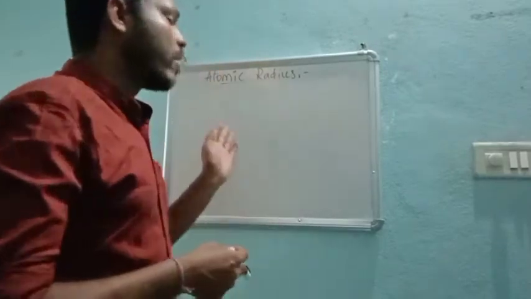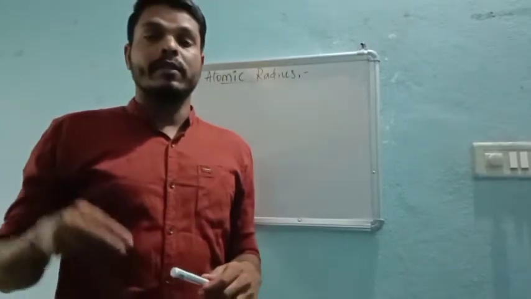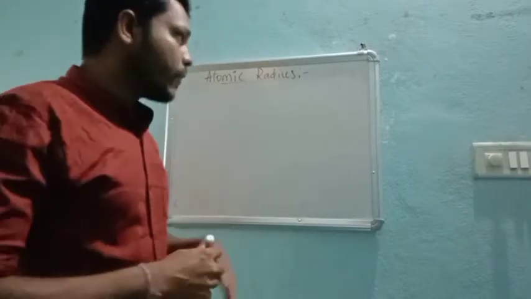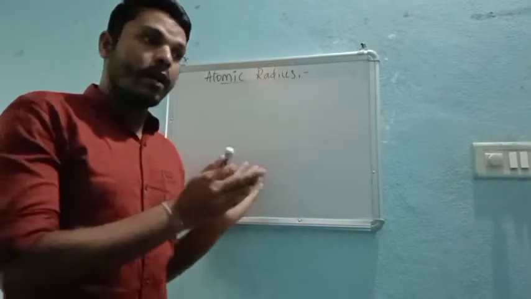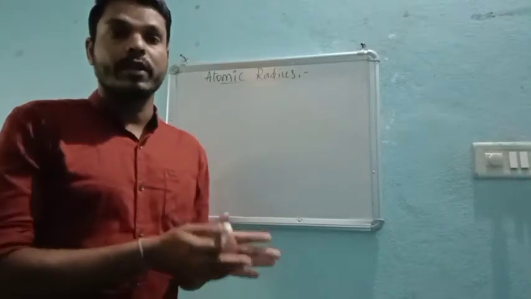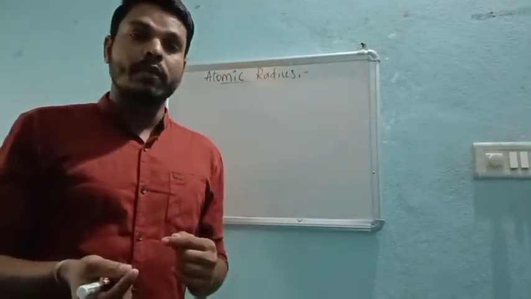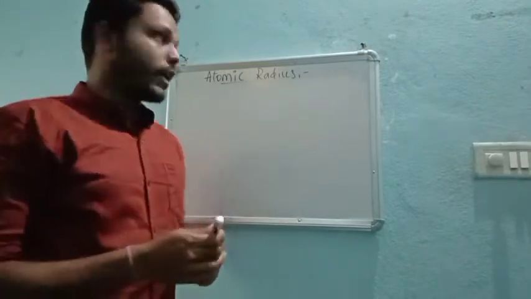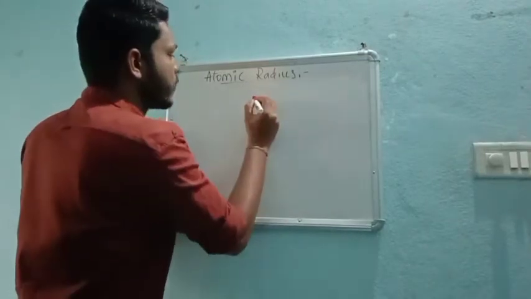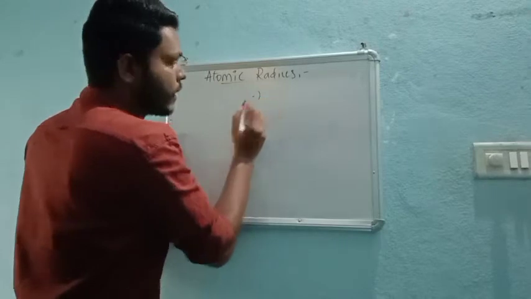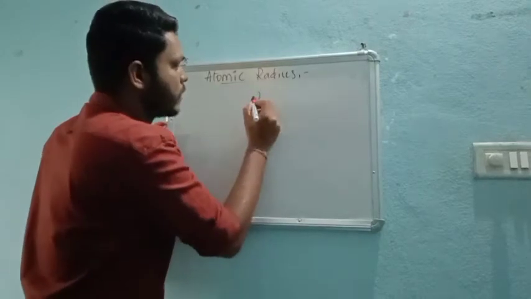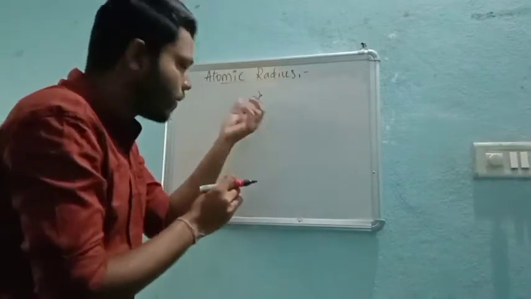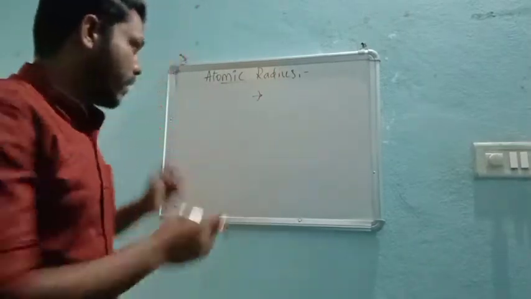If the last electron is present in the third shell, then that outermost shell becomes the third shell. If our electronic configuration ends with the first shell only, then the atomic radius will be that much only. Say, for example, in case of hydrogen, there is only one shell, so the atomic radius will be like this, and again this much.